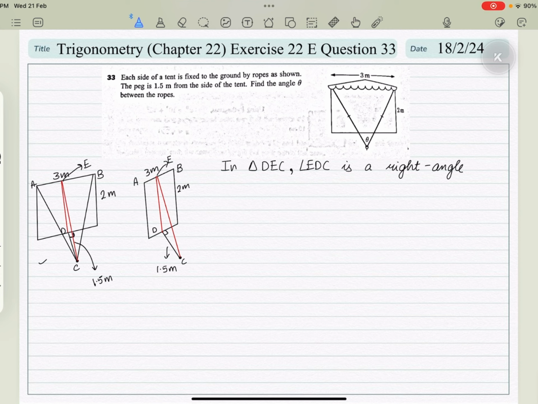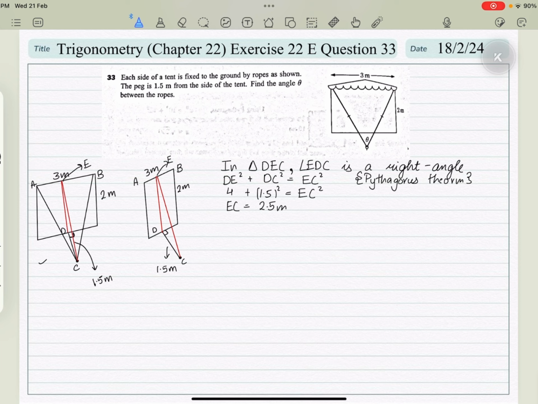And if we know this, we can say that DE square plus DC square is equal to EC square, because of Pythagoras theorem. Now, when we know this, we can say that DE square is equal to 4, because DE is equal to 2, and DC square is equal to the square of 1.5, and it will give us EC square. EC, if we calculate from this, would give us 2.5 meters.